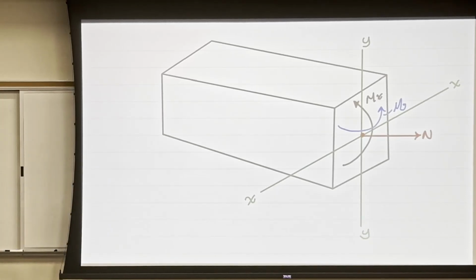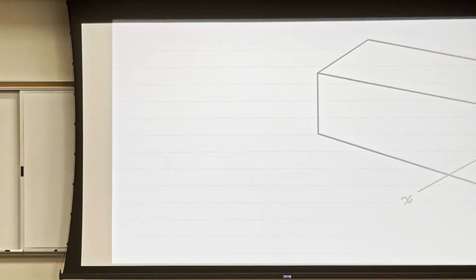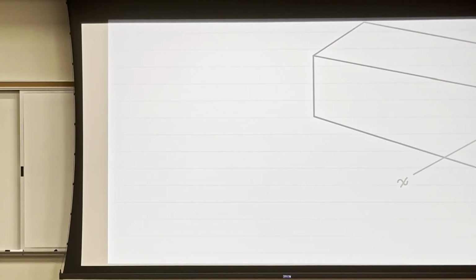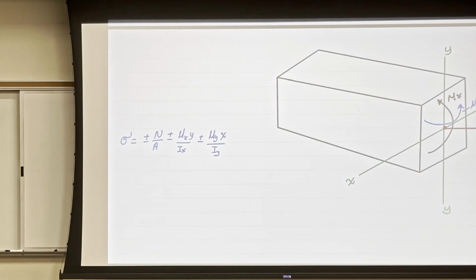The normal stress will be a combination of all three of them, and the combination is: normal stress is equal to plus or minus N over area, plus or minus mx over ix times y, plus or minus my x over iy. Okay? And this is the general normal stress formula or equation.